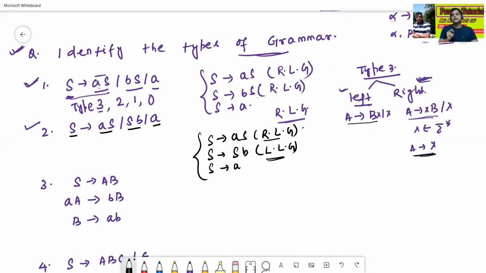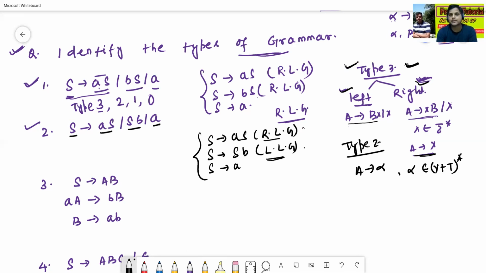What is the meaning of type 3 grammar? Type 3 grammar is either left linear or right linear, then it is called a type 3 grammar. Since it is not type 3, it must be type 2. Now what is type 2? Type 2 grammar is in the form A to alpha, where alpha belongs to (V plus T) whole star. This grammar does not belong to type 3.